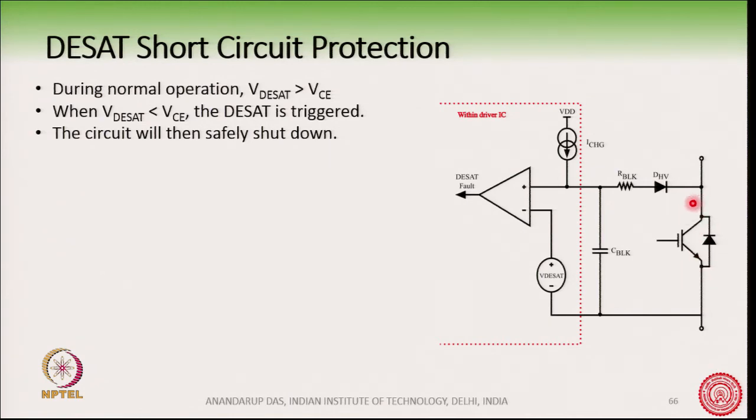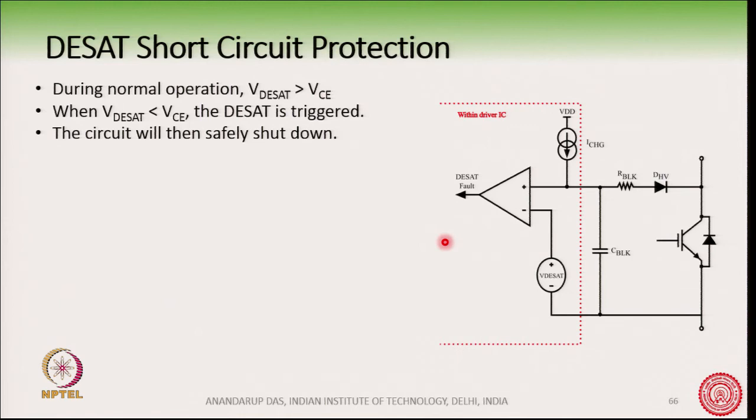When the collector emitter voltage crosses this VDE SAT, this op amp is forward biased and this pin will go high. So, the circuit will detect the short circuit condition in the IGBT.